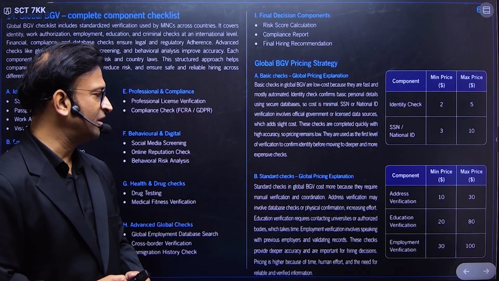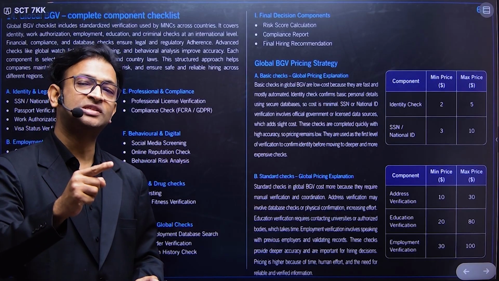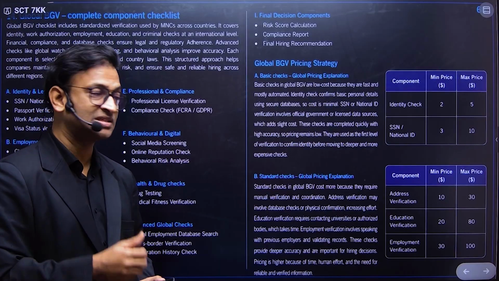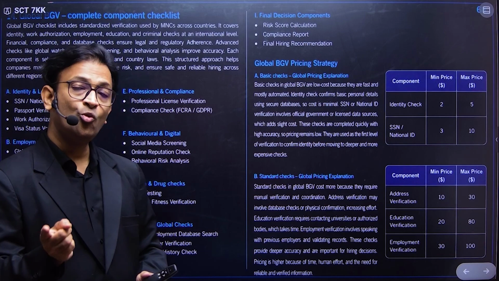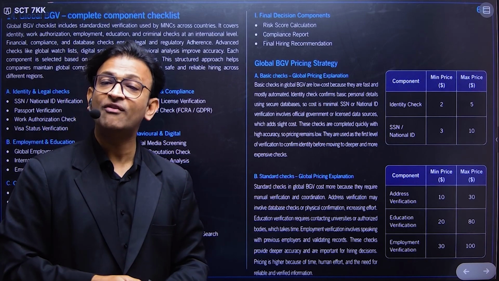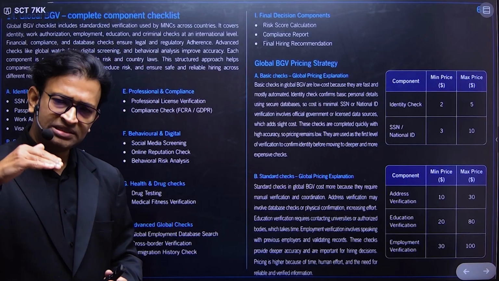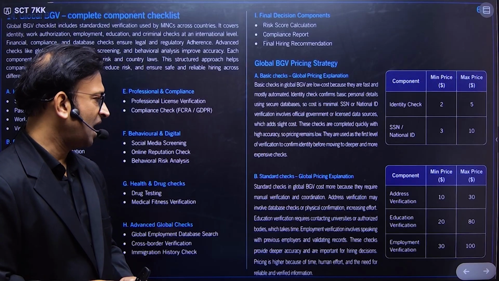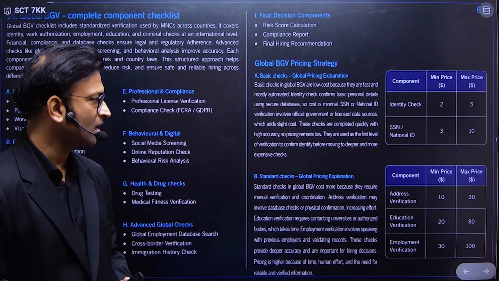Education verification requires contacting the universities, institutions and schools directly to get the proper, genuine record and data. Employment verification involves speaking with the previous employers and doing cross-reference checks. These checks provide deeper, in-depth accuracy and transparency and are very important for the final hiring decisions.